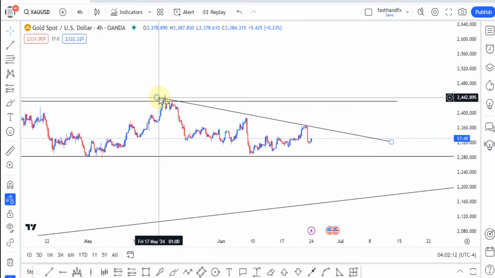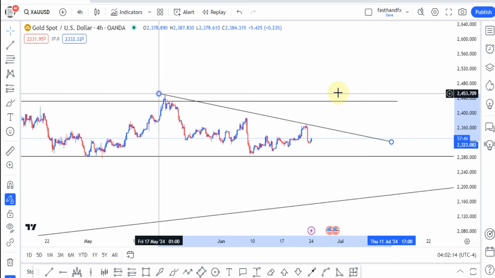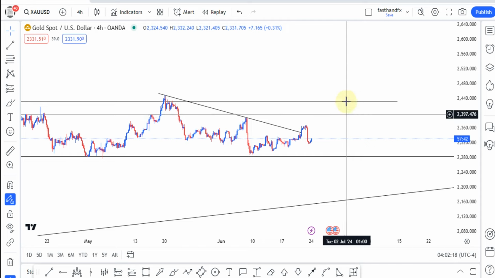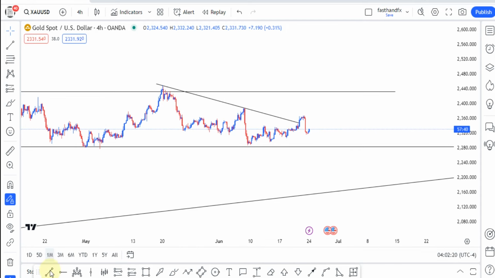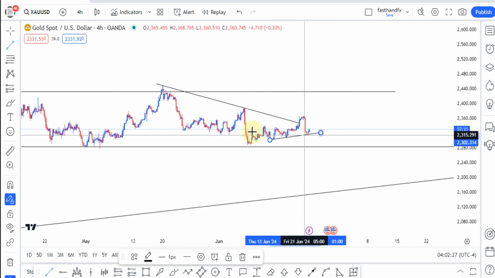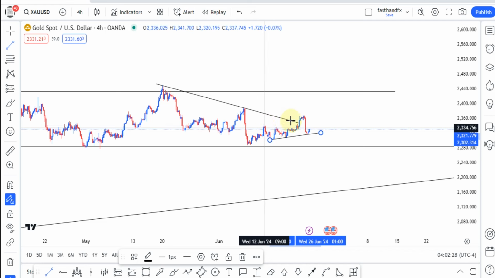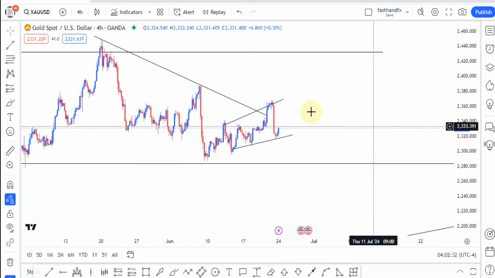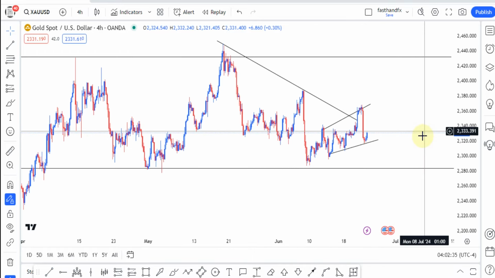So probably we might adjust our levels, maybe have it something like this, no problem. Like I said before, this might be just a bearish flag. Let's have it right here, and maybe, you never know, something like that, based on what we're seeing currently.